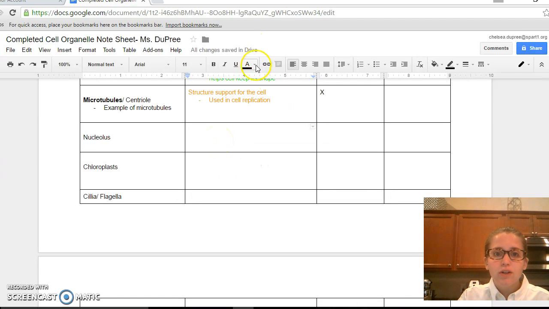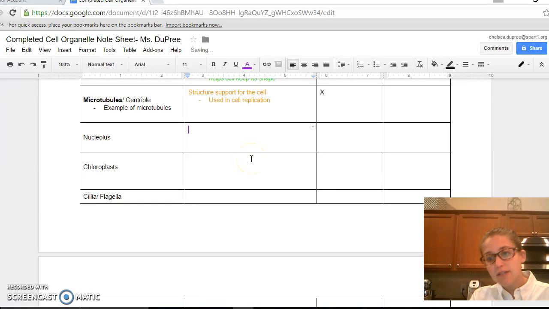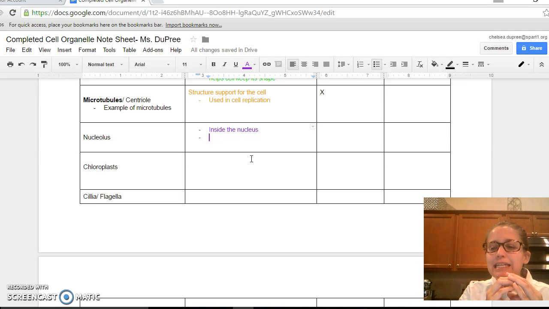So now onto the nucleus, the nucleolus. The nucleolus looks a lot like the word nucleus, and that's because the nucleolus is actually inside the nucleus, okay? It's almost like the seed inside of an apple or seeds inside an orange. The nucleolus is inside, and he makes ribosomes.